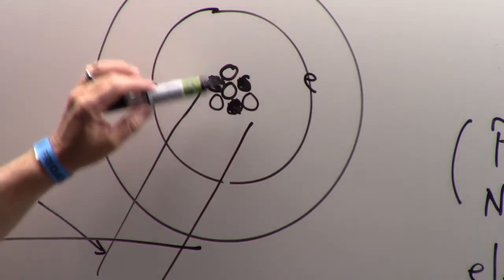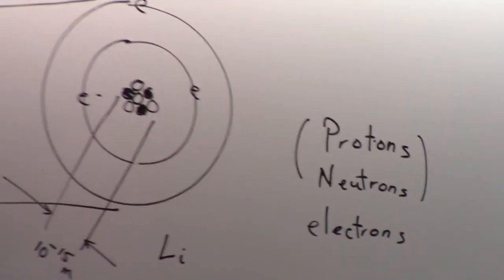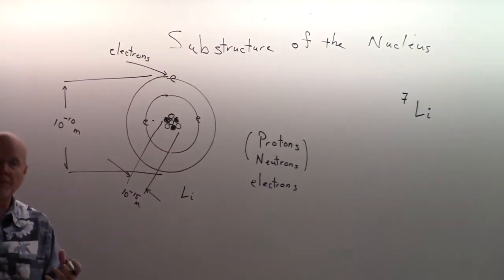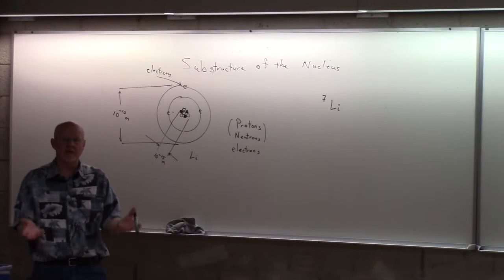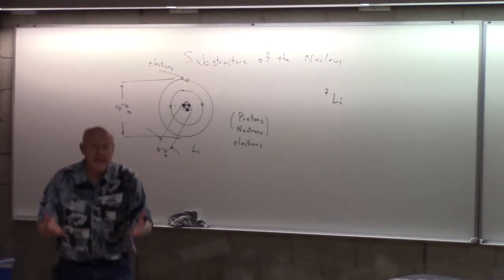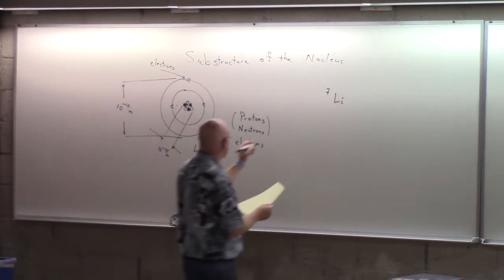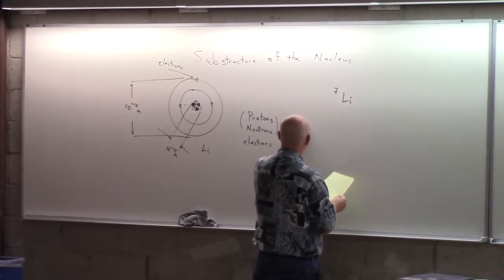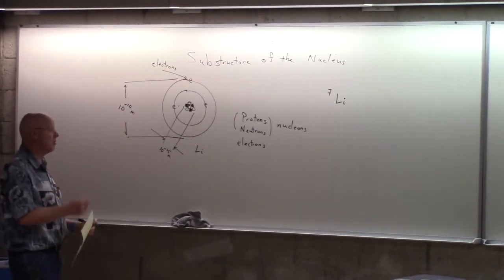And then 4 of them lightly colored because those are the neutrons. We call it lithium-7 because this nucleus is made out of 7 pieces of something, either protons or neutrons. It's actually a combination of the two. It's why we call them nucleons. Collectively, these are referred to as nucleons. So I have 7 nucleons. More specifically, though, I have 3 protons and 4 neutrons.